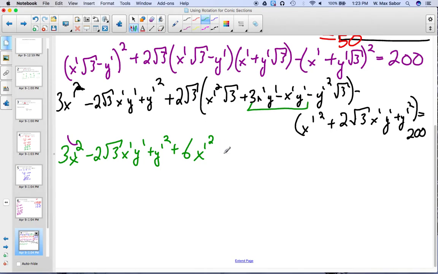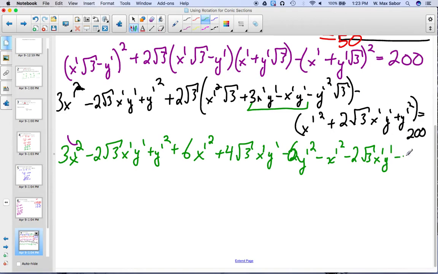So 2 times 2 square root of 3 is 4 square root of 3, x prime y prime, minus 2 times square root of 3 times square root of 3 is 6, y prime squared. We're distributing in a negative, x prime squared minus 2 square root of 3, x prime y prime minus y prime squared equals 200.